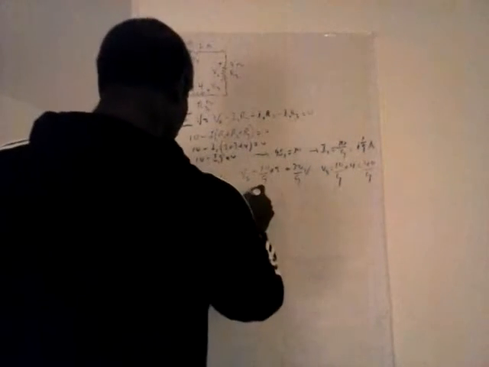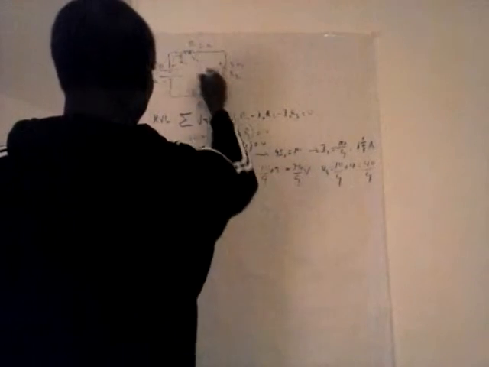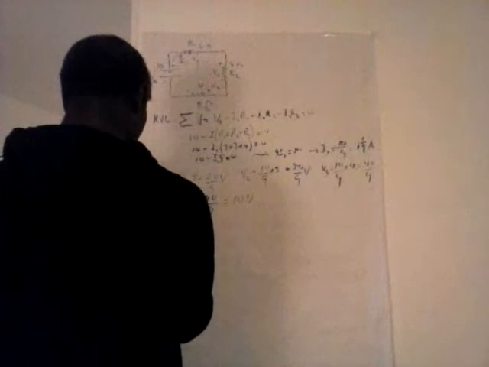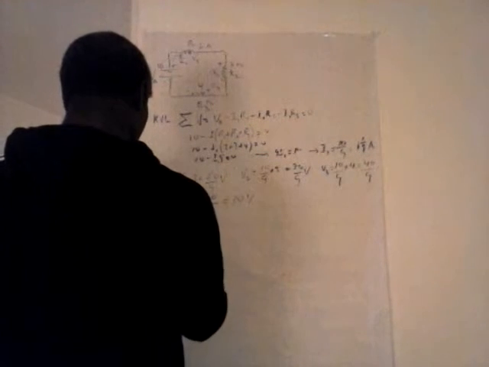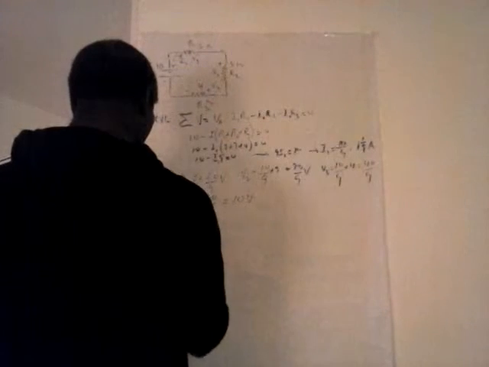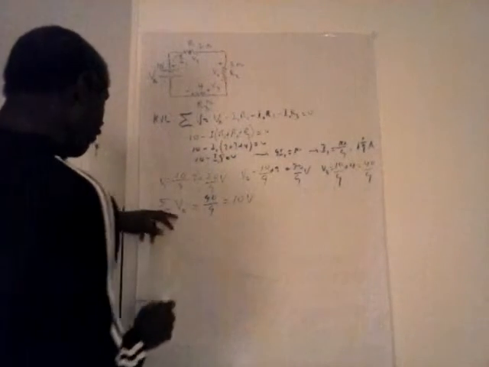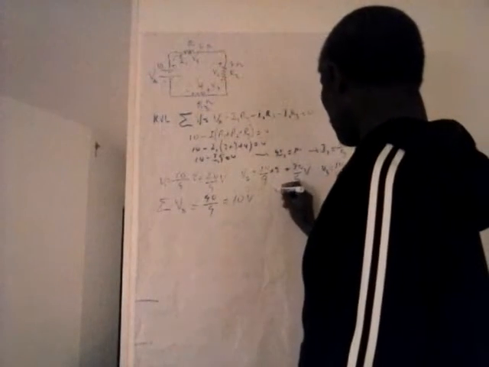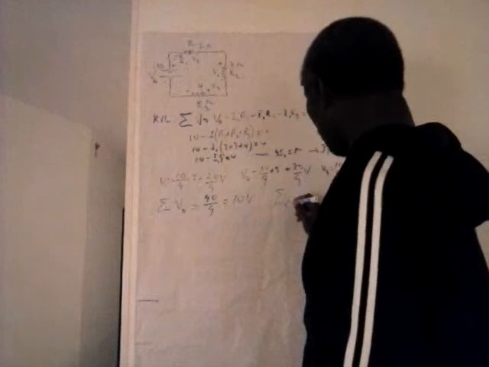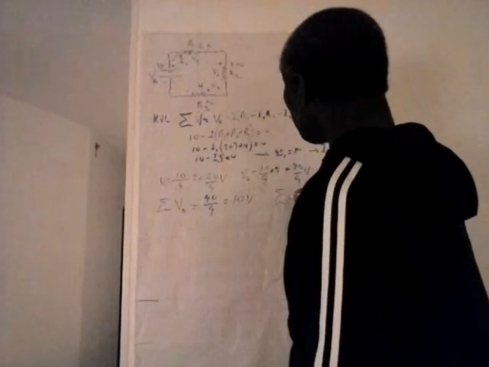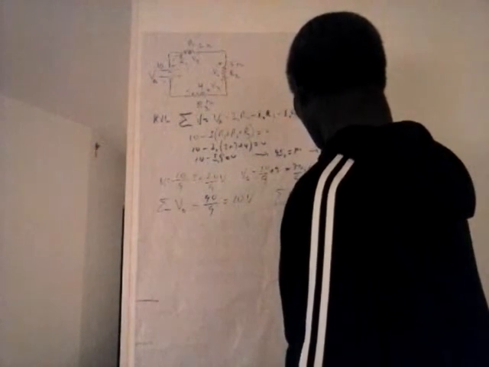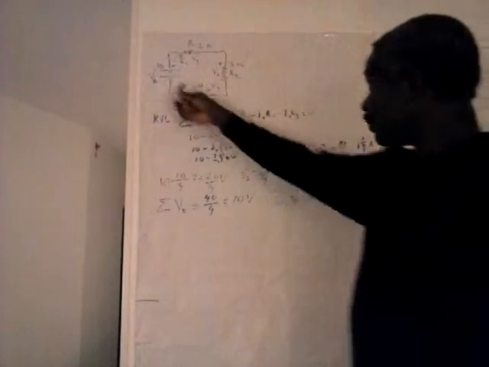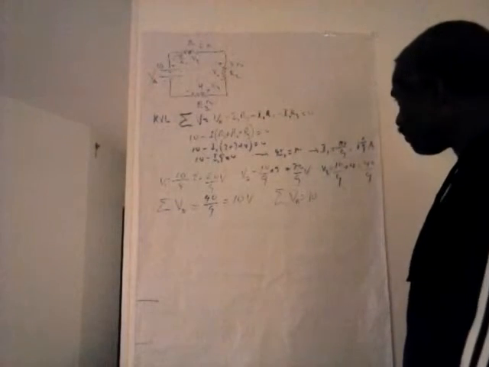So the sum of voltage drop, I'm going to use the symbol VD for voltage drop, is equal to 10 volts, and the sum of the source or the rise voltage, V rise, is equal to 10, which proves Kirchhoff voltage law.